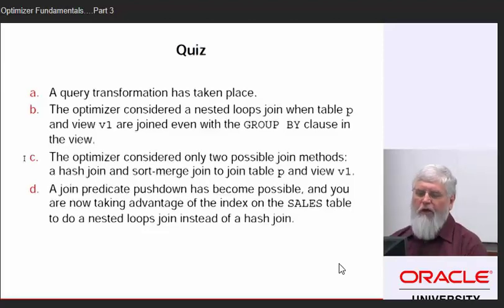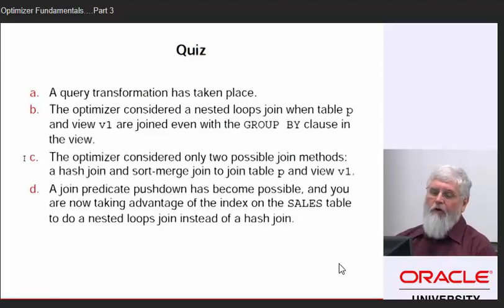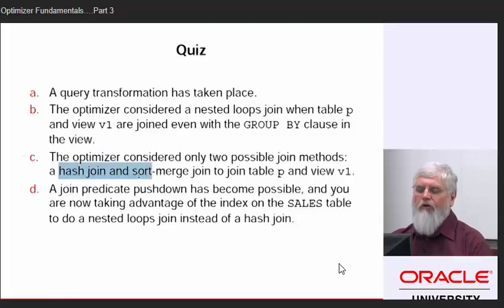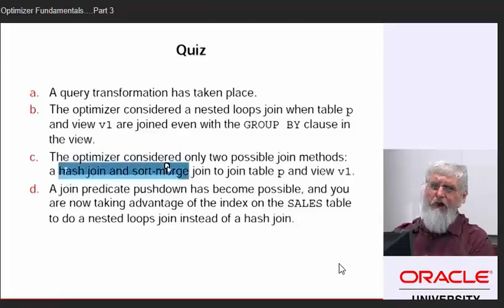And we know this one is incorrect because the method it picked was neither of these. It did it as a nested loop, and so it had to consider the nested loop also for it to be picked. So it actually considered all three. So C was false. A and B were true.